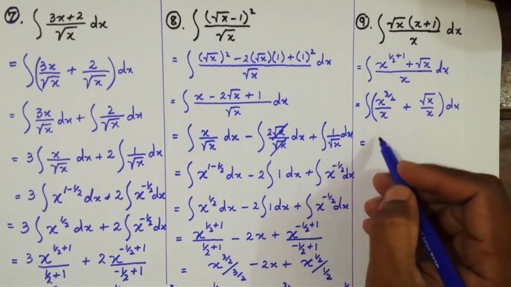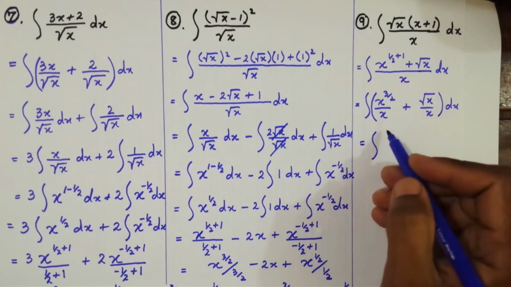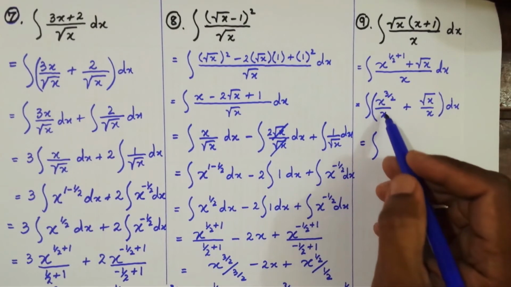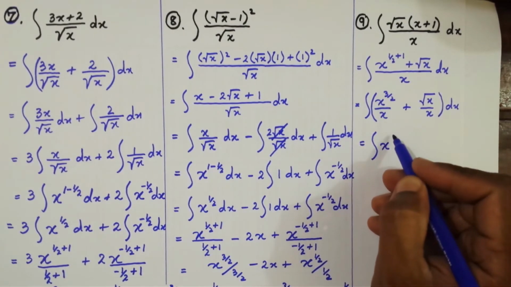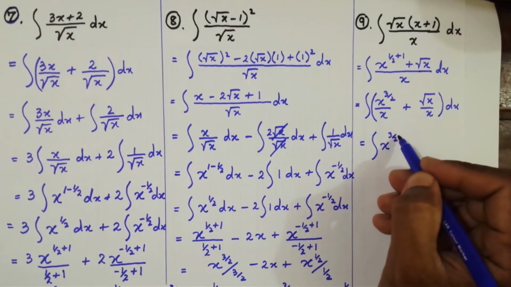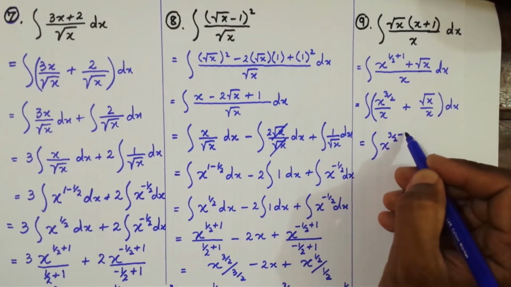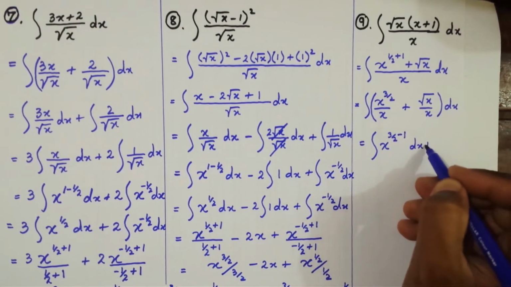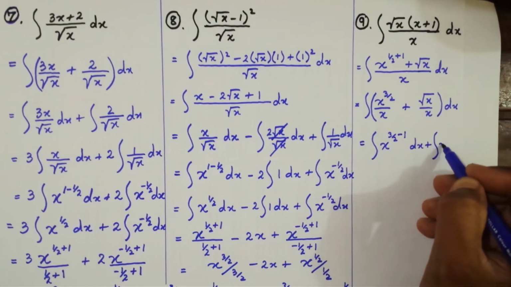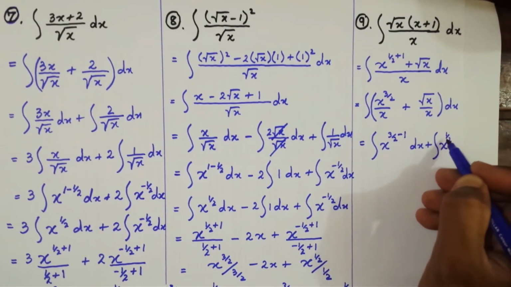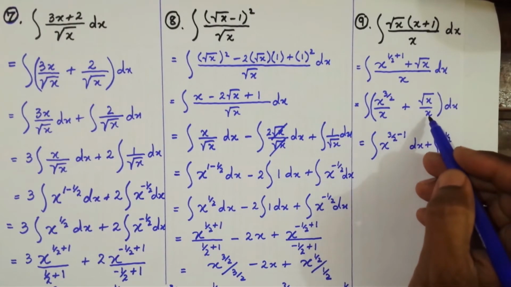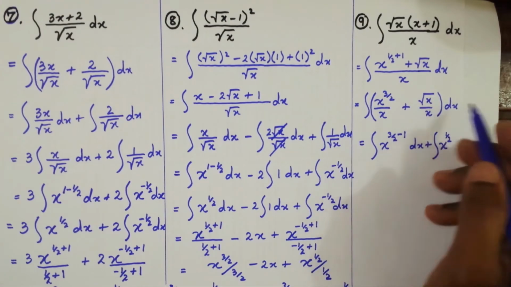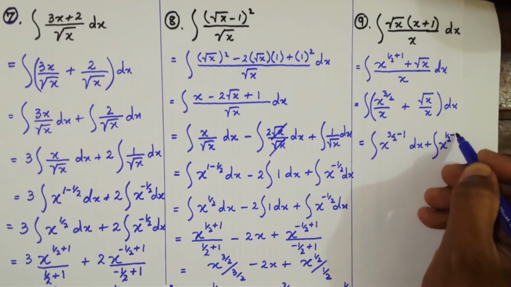Now applying the integral sign with each term separately and also combining the variable, this power will move towards the numerator by changing its sign, same as here 1 by 2, and when this variable moves towards the numerator, its power sign will be changed.